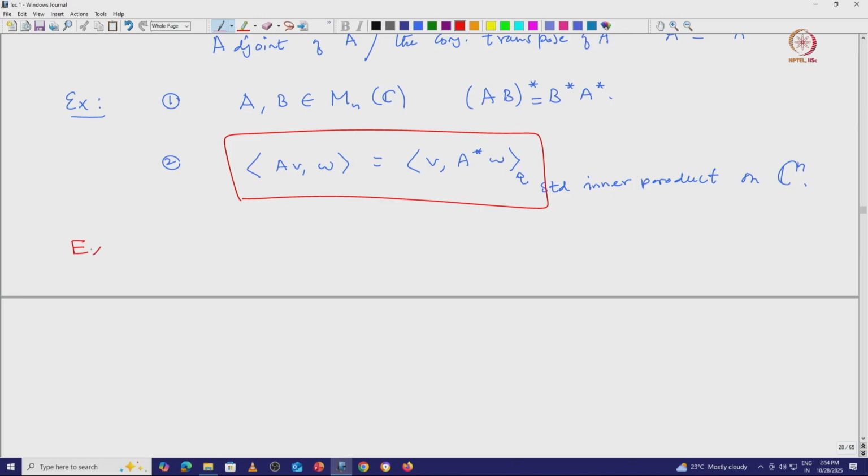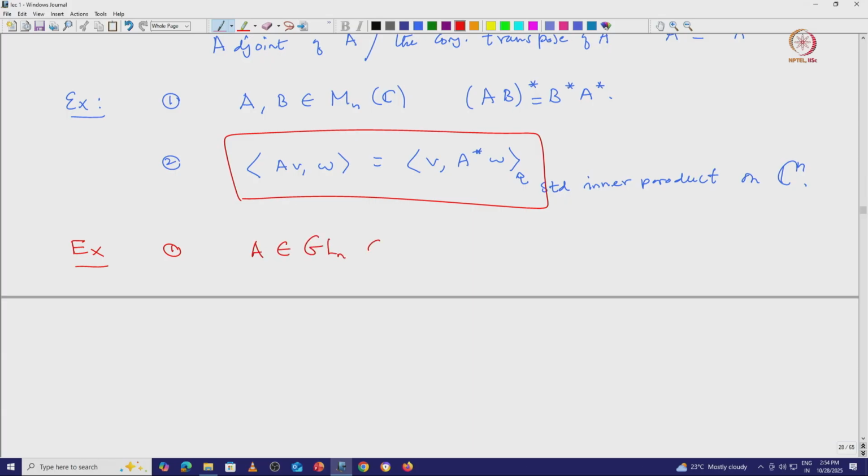Another exercise is that the matrix A is unitary if and only if the inverse of A is A star. This is a characterization of unitary matrices.